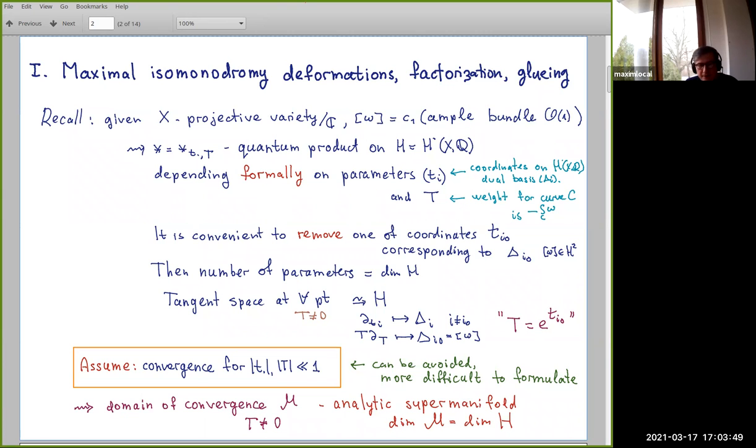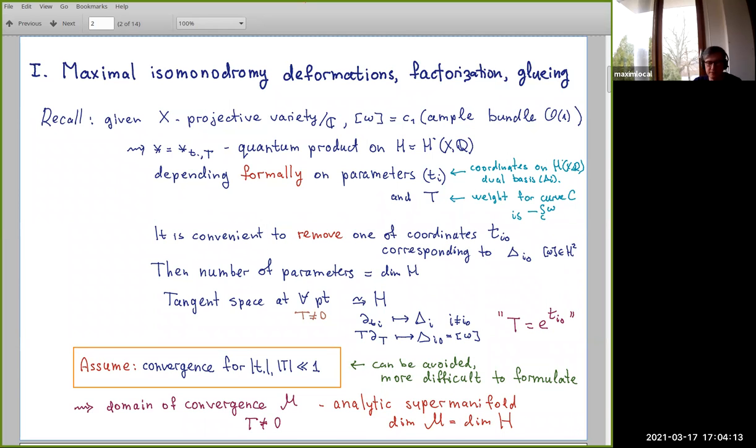Yeah. Now I have a series with the right number of variables, and now assume that my series F0, which I will not write, is convergent for small values of variables. In principle, this can be and should be avoided, because when I want to develop a general theory, I don't want to base it on an unproven conjecture about convergence, but then it will make things more difficult to formulate.